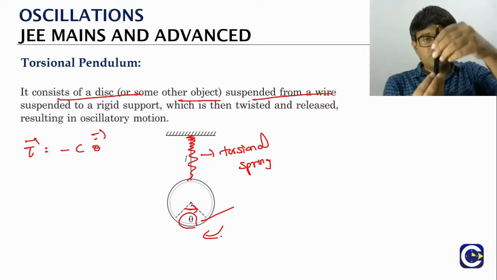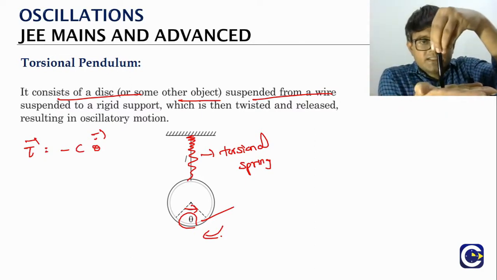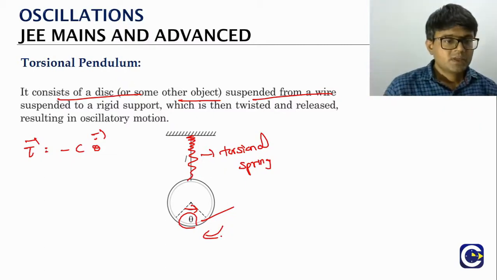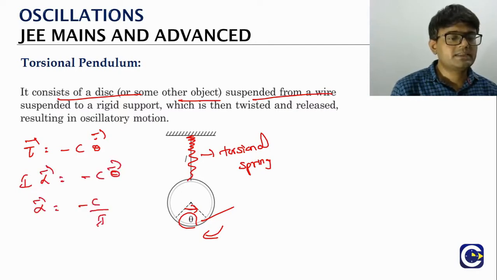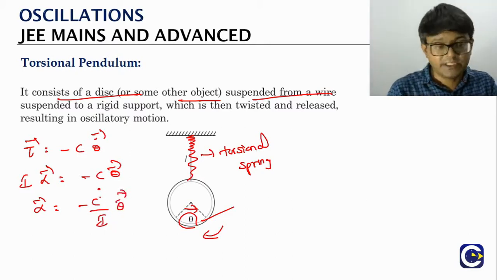So you have a disc like this with a rope. We twist it in one sense, and the restoring torque acts on it to bring it back. Torque is I alpha, equal to minus c theta, which means alpha is equal to minus c by I into theta, where c is the torsional constant.